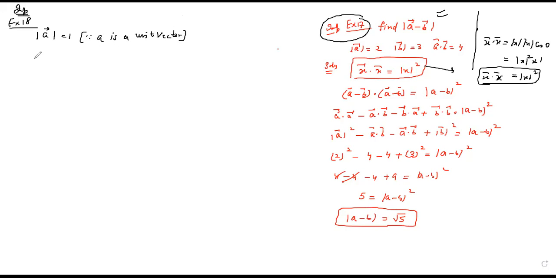And he has given us that x minus a dot x plus a is equal to 8. I have to find out the magnitude of x. This is my question.